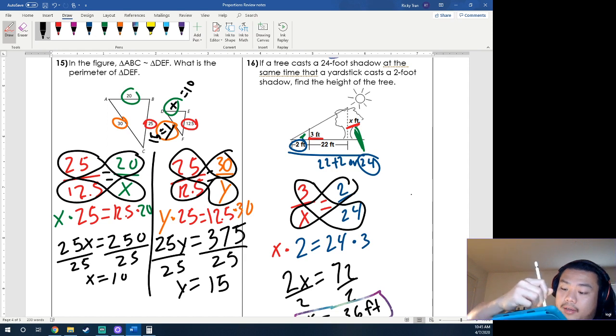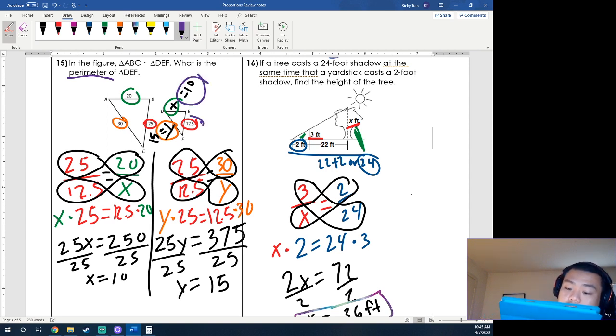So in order to find the perimeter, if you guys remember from last week's lesson, the perimeter is the sum of all the sides. So we're taking 10, 12.5, and 15, and we're going to add them all together.